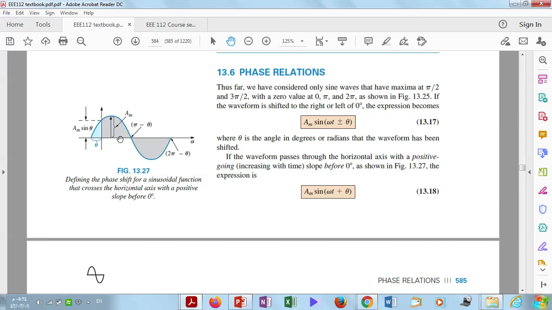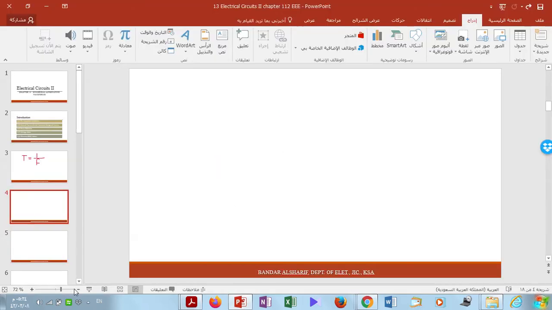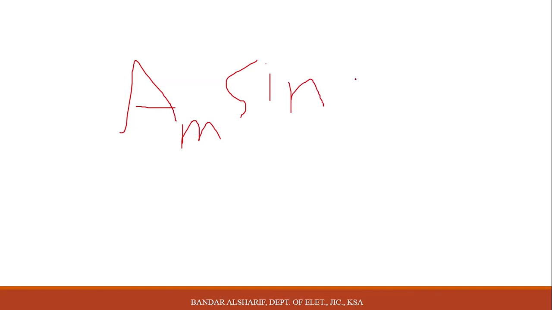Okay, you need to put plus or minus theta. The general format is Em sine of omega t minus theta.